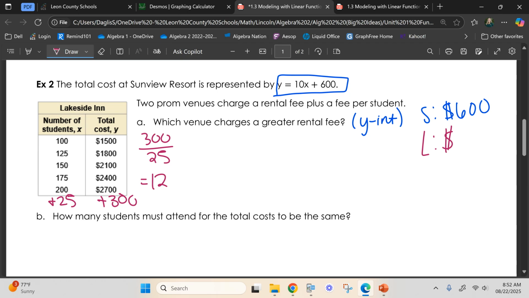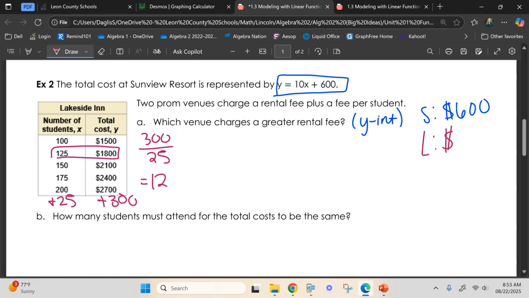Well, it asked me how much the venue is. So let's use point-slope form. I have a whole bunch of points. I have a slope now. Which point would you like to use? Which one? 125, 1800? Cool. You have 5 options. They all work. They will all give you the same result.